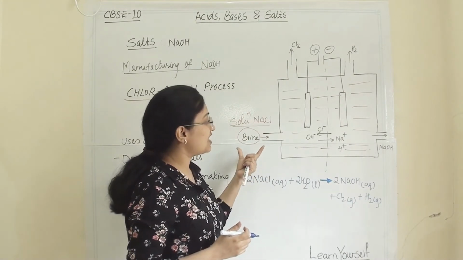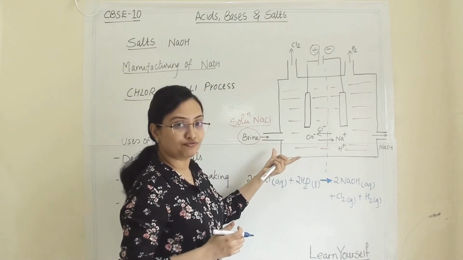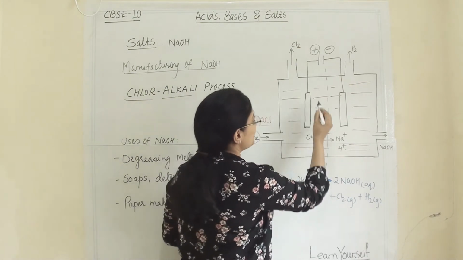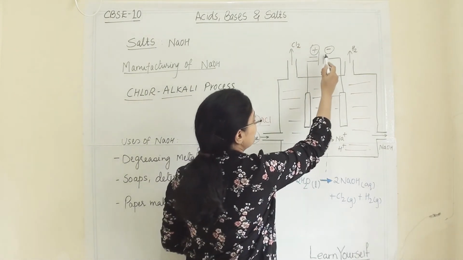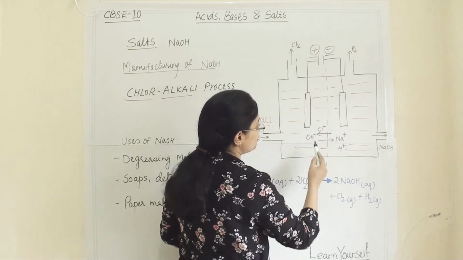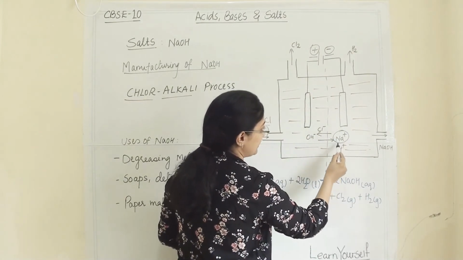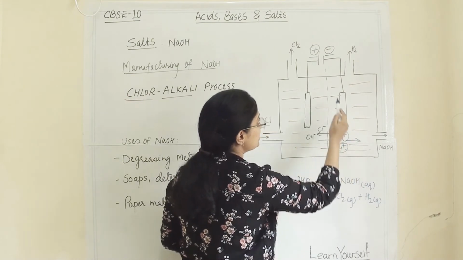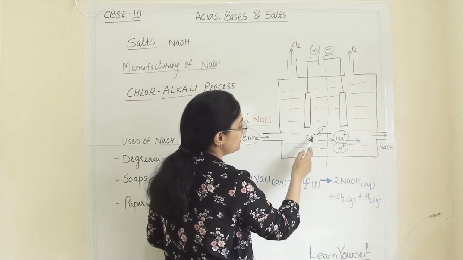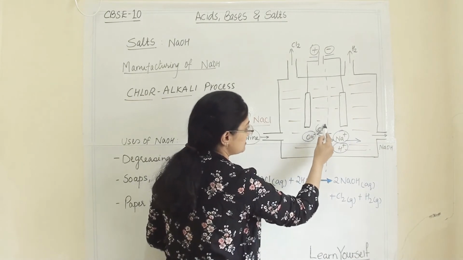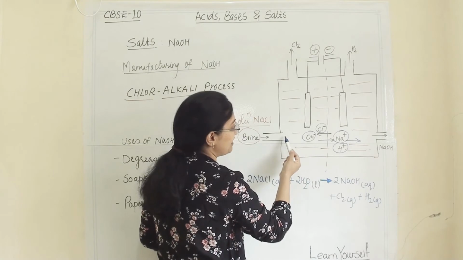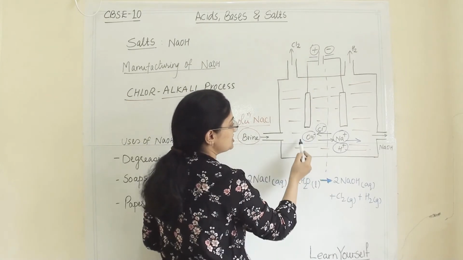When we start the electrolysis of the sodium chloride solution, this is our anode and this is our cathode. So all the positive ions, Na+ and H+, will travel towards the negative electrode, and the negative ions, OH- and Cl-, will travel towards the positive electrode.